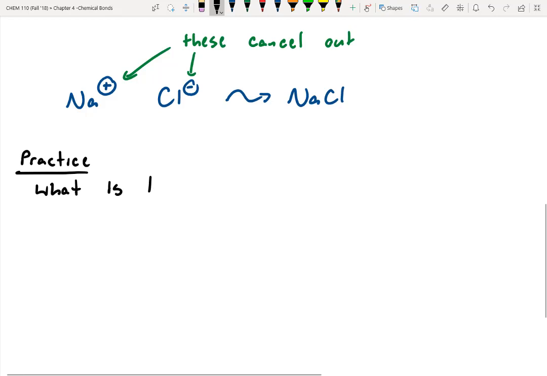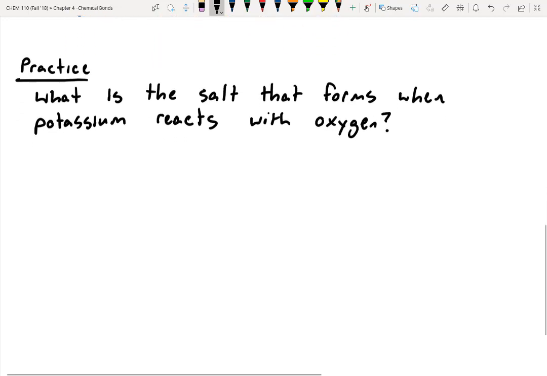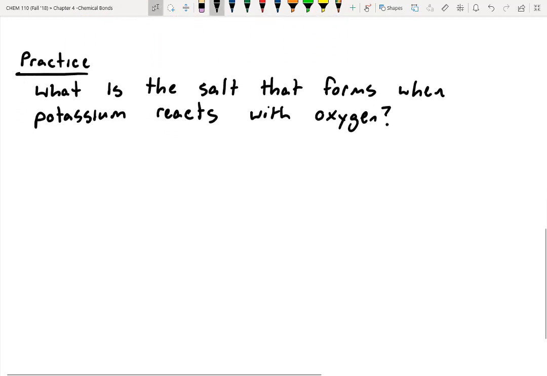What is the salt that forms when potassium reacts with oxygen? With oxygen, here we go. All right, so let's think about it in terms of potassium and oxygen.